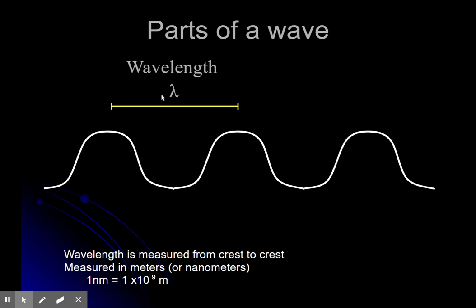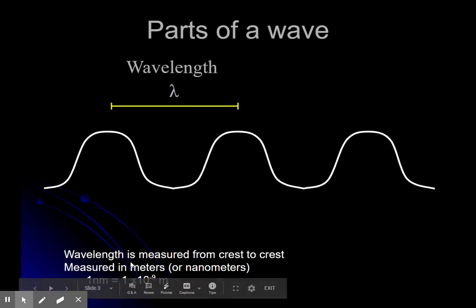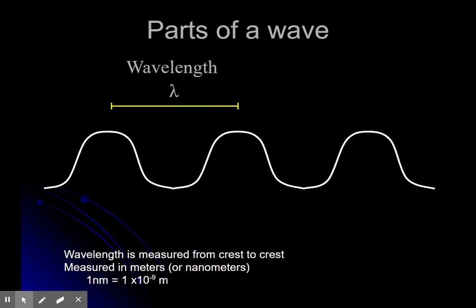It is represented by the Greek letter lambda. Lambda is wavelength, and you need to get that associated in your brain. It is measured in meters or nanometers. A lot of times we use nanometers in chemistry because we're talking about wavelengths of visible light.